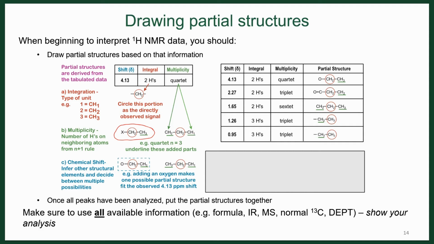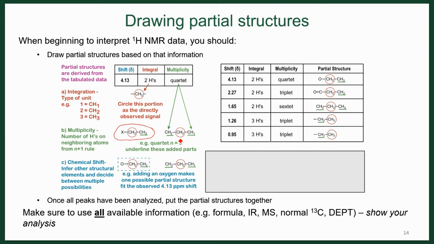To narrow down these 2 possibilities, we then interpret our remaining piece of information that we haven't analyzed yet, and that is our chemical shift information. We would say, well, this chemical shift is around 4, which is pretty high for most CH2 groups that are sp3 hybridized. And so it's likely that this is attached to an electronegative atom like an oxygen.